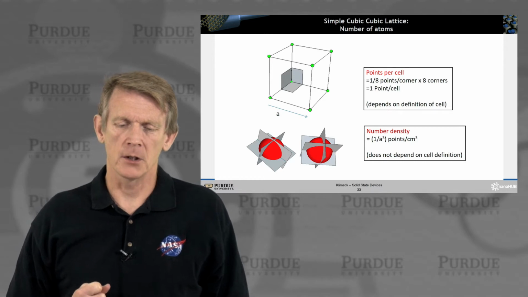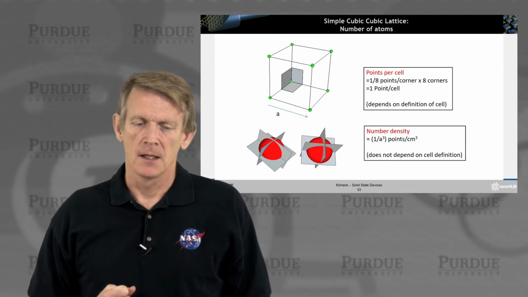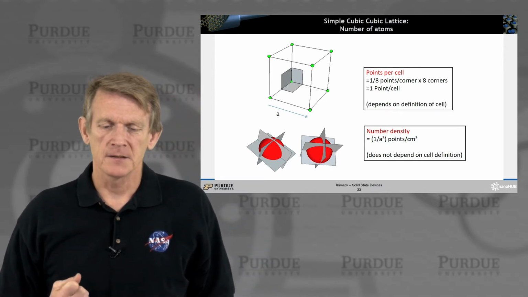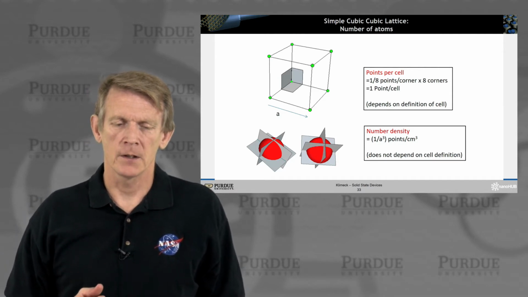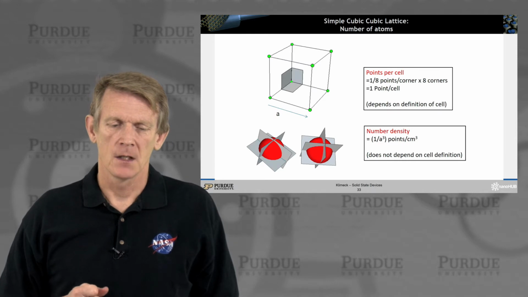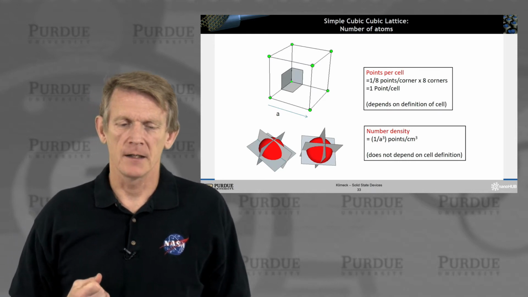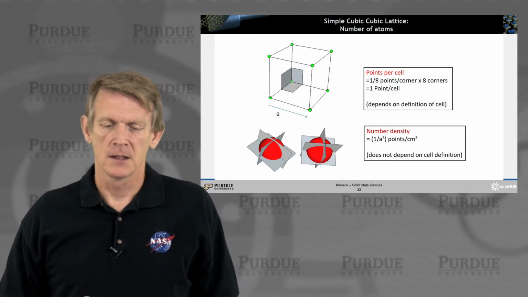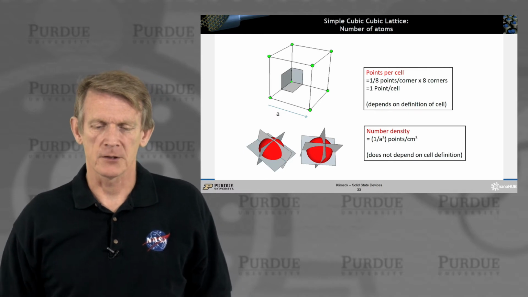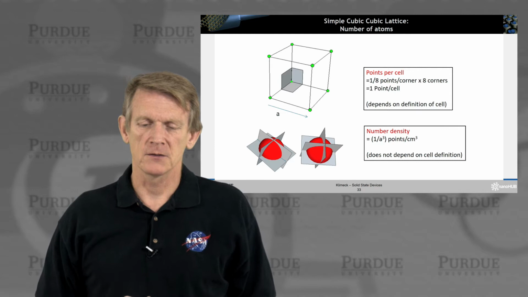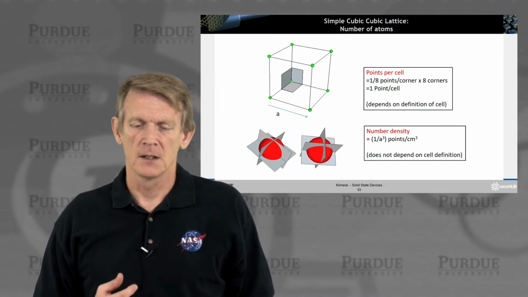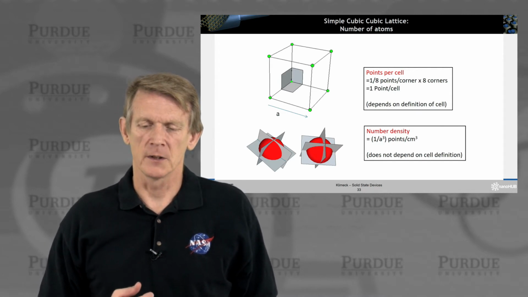And now we're talking about a number density. The number density means here we have 1 atom per unit cell, and we divide by the volume of that cell. And let's say we measure it in cubic centimeters, so it's 1 over A cubed, and that's points per cubic centimeter.